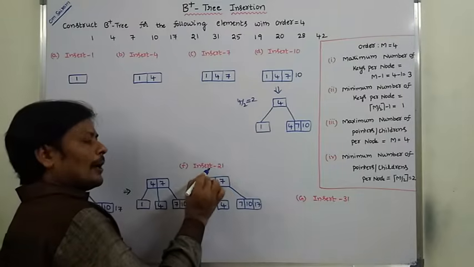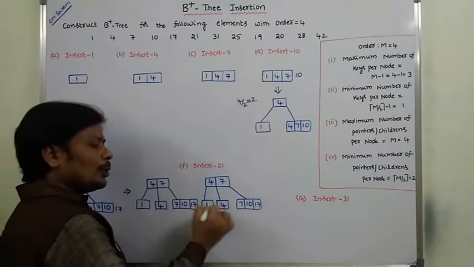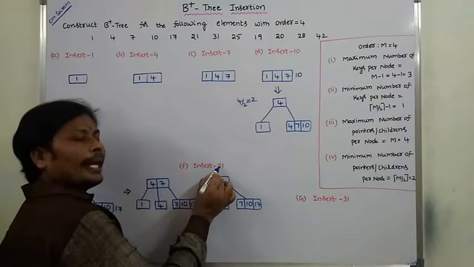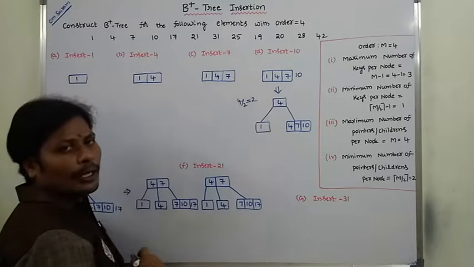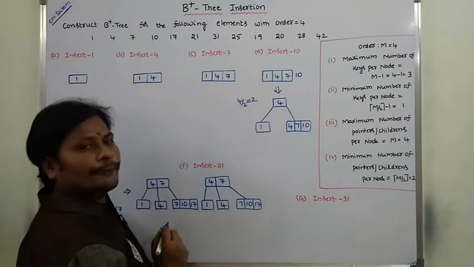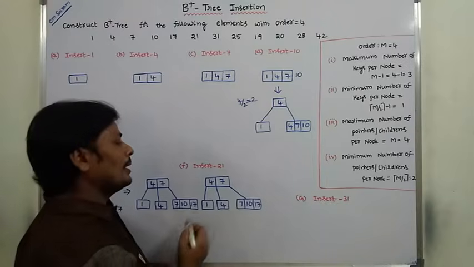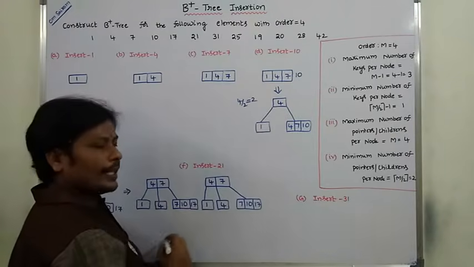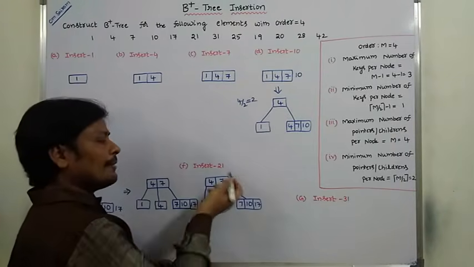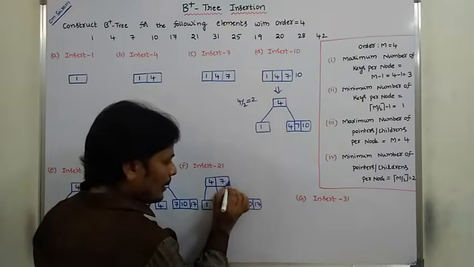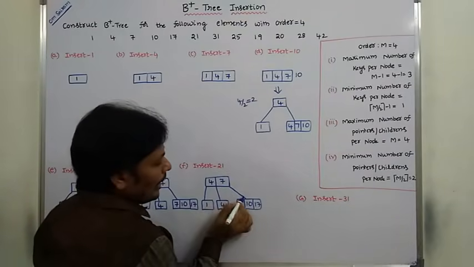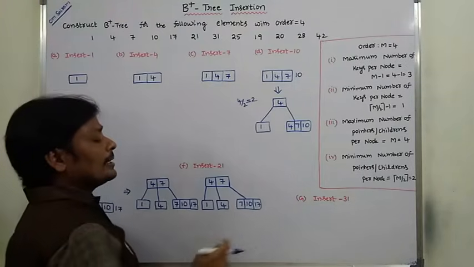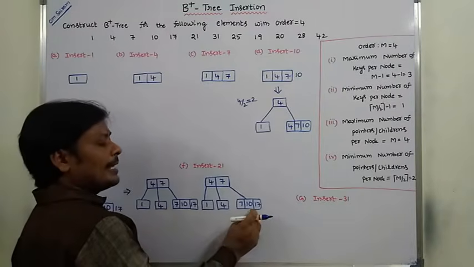To insert 21 into this B plus tree, first we have to find out the location. So 21 is compared with the key elements in the root node. 21 is compared with 4. 21 is greater than 4. Next, 21 is compared with the second key element in the root node, that is 7. 21 is greater than 7. Go to the right pointer of 7. So it points to a right child. The right subtree contains a child that contains the key elements 7, 10, 17.